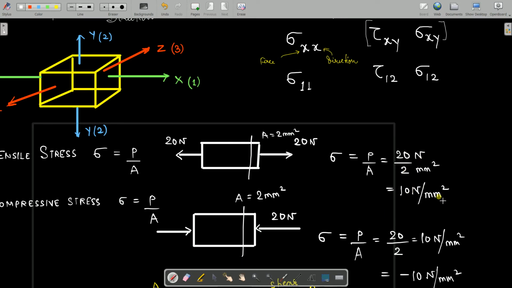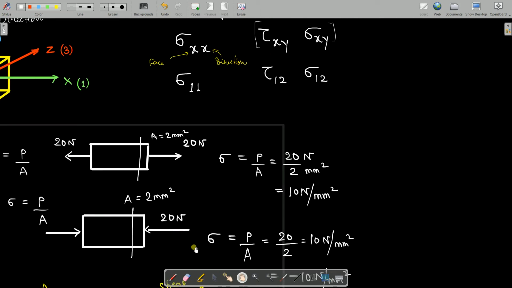This Newton per mm square has got a special name. I will call this MPa. What is MPa? You write here 1 megapascal is equal to 1 Newton per mm square. I'm telling the units here itself so that later on you don't have any problem.